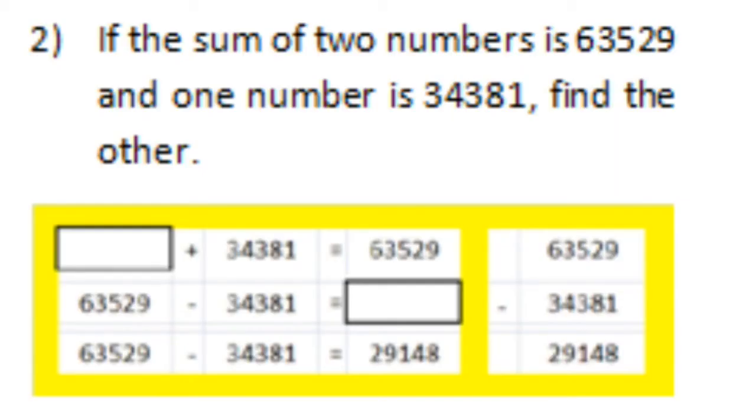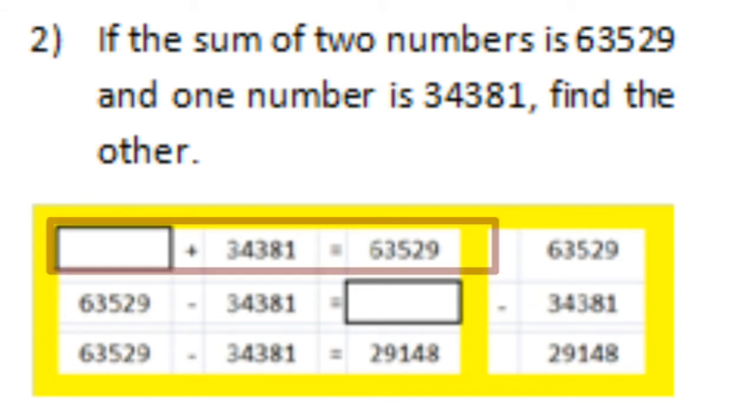Now the second question: if the sum of two numbers is 63,529 and one number is 34,381, find the other. That means the sum is 63,529. One of the addends is 34,381.